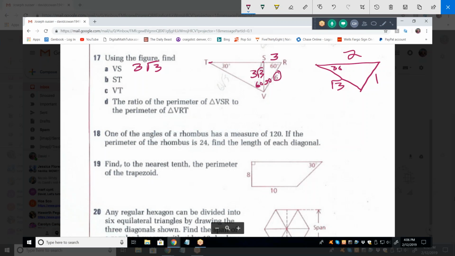So TR is 12, which makes TS 9. And in VT, we now have a triangle whose dimensions are 12, 6, and they want this bottom side. What is that bottom side going to be? 6 square root 3. Yeah.